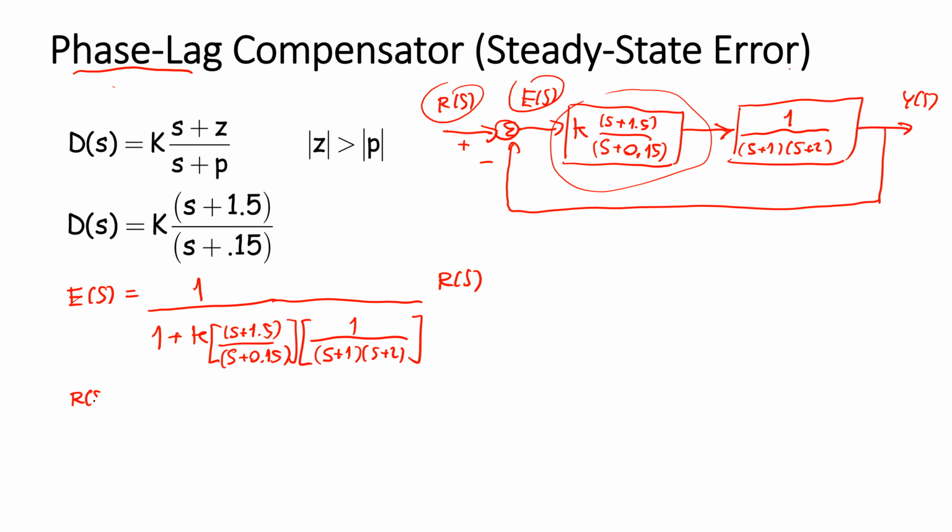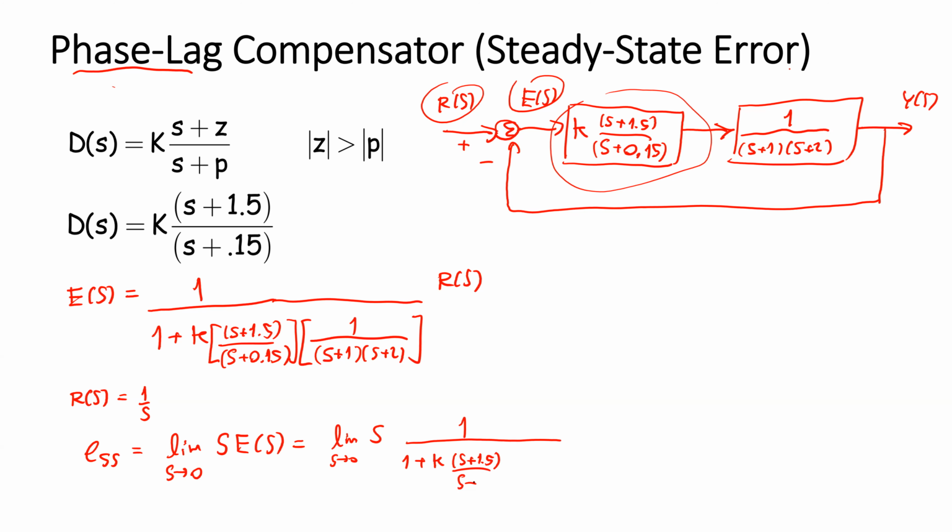So for a unit step and the time domain steady state error, we use the final value theorem. And unit step input.